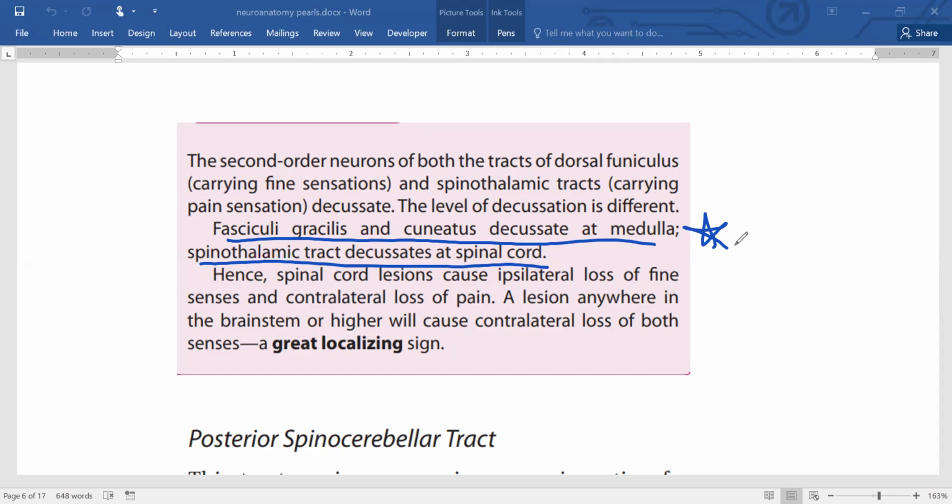In the spinal cord, fine touch and vibration sense are lost on the ipsilateral side, while pain and temperature sense are lost on the contralateral side. While if the lesion is in the brainstem or higher centers, both the senses are lost on the contralateral side of the body.